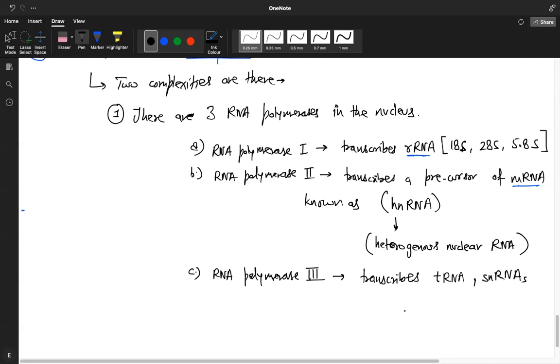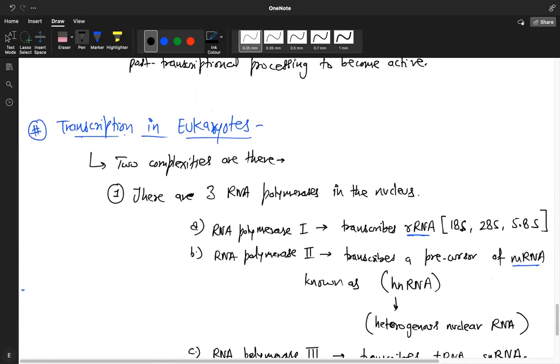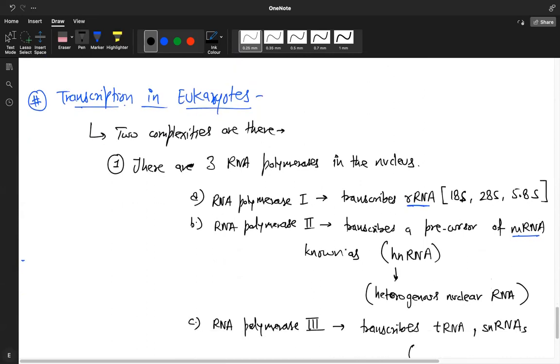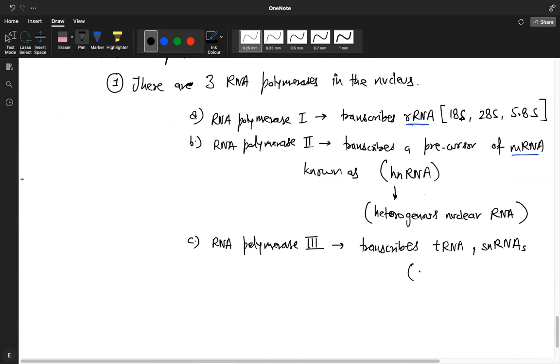Okay. And there is one more thing which used to be asked earlier. I have not seen this question in NEET. Remember, all the rRNAs, 18S, 28S, and 5.8S are transcribed by RNA polymerase 1. There is one ribosomal RNA which is called 5S ribosomal RNA.